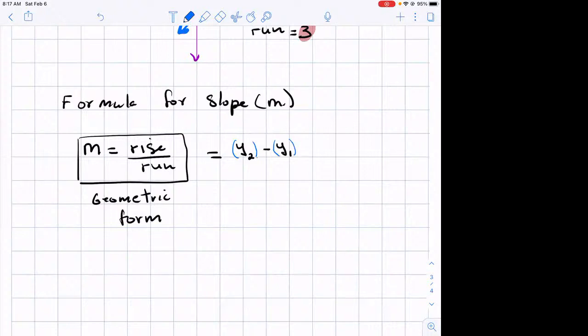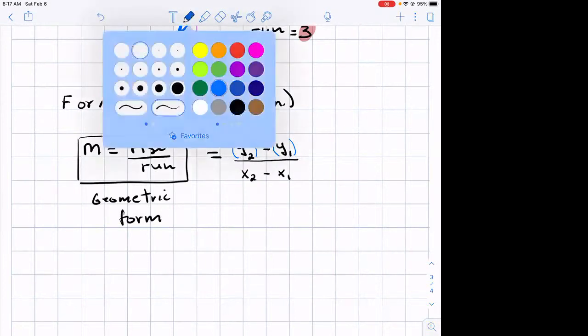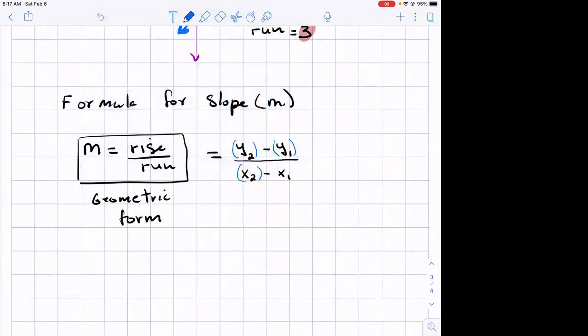Generally, you don't see the parentheses in textbooks and so on, but I'll show you why later on. x2 minus x1. So please make sure that the y always goes in the numerator and the x's goes in the denominator. Okay?